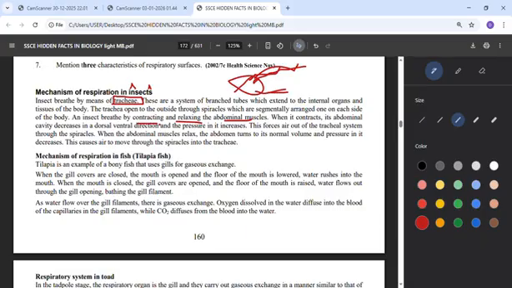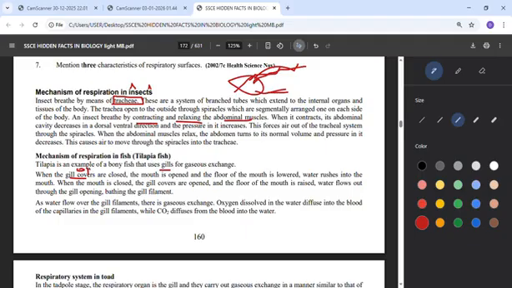Now the next one is mechanism of respiration in fish. How does fish respire? The first thing is that they make use of their gills. There's something called gill cover, which is operculum.